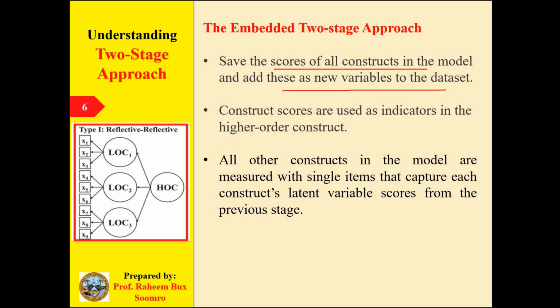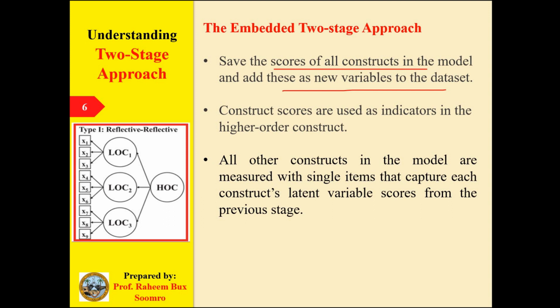In SmartPLS 3, the scores were given in an Excel file, and then we had to attach the new Excel file to SmartPLS 3. But now it is very easy in SmartPLS 4, because all the values are automatically computed and saved in a new file along with your existing file on which you are working.